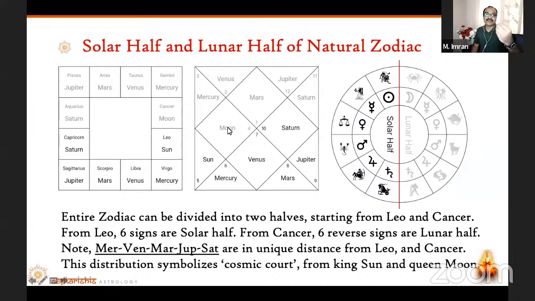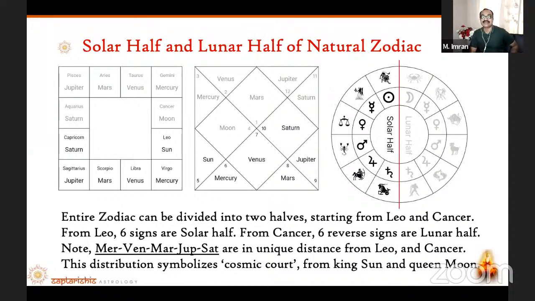Counting from Cancer, the Moon, the house of Jupiter, its own sign or domicile, Pisces, is five signs backward in reverse order. Counting from Leo, the house of Saturn, Capricorn, is six signs away in forward order, and counting from the Moon, the house of Saturn, Aquarius, is six signs away. So note, this is a very unique and subtle distribution with respect to Leo and Cancer.